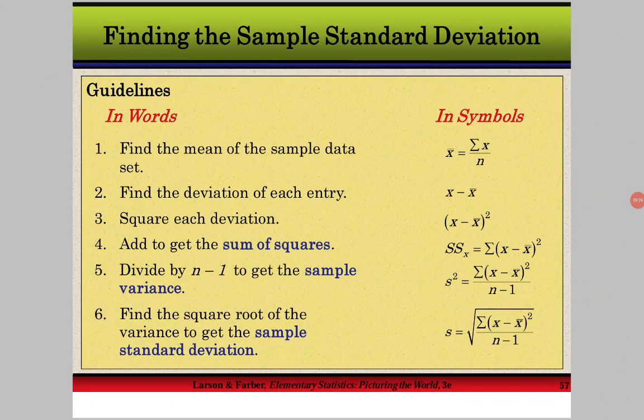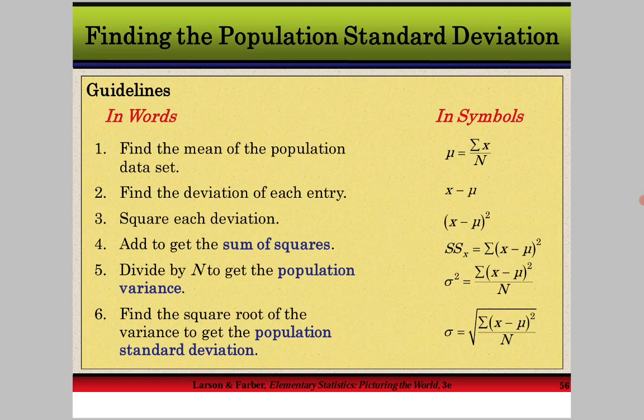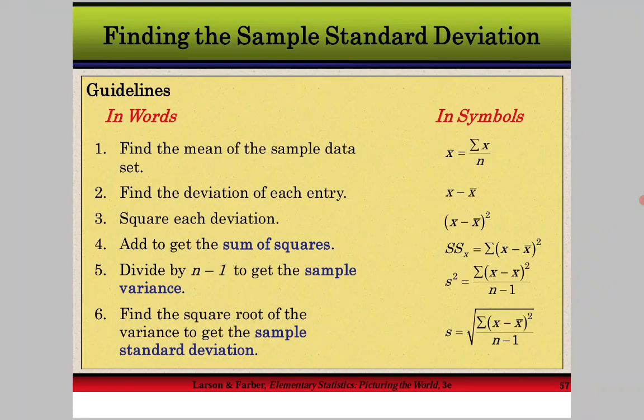So next is finding the sample standard deviation. Population standard deviation and sample standard deviation. Sample standard deviation means we find the standard deviation for a sample value.